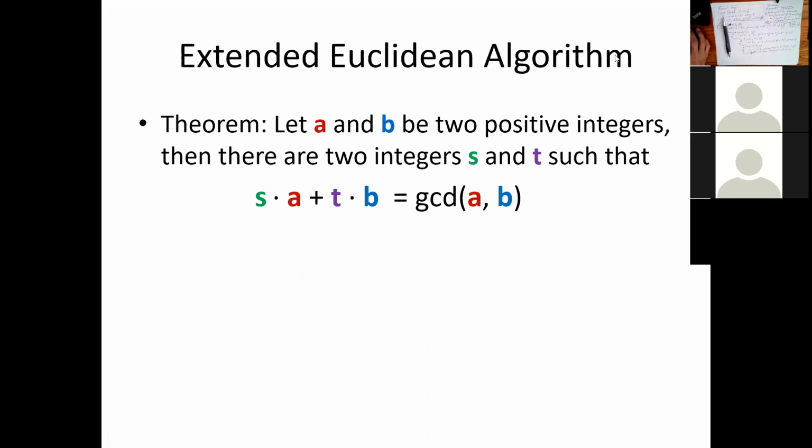It's called the extended Euclidean algorithm, so that it doesn't only output the GCD, it also outputs two coefficients, S and T, such that the GCD is expressed as a linear function of A and B with these coefficients. In other words, this equation is true. You will see in the context of a crypto system why it is useful to compute such coefficients.